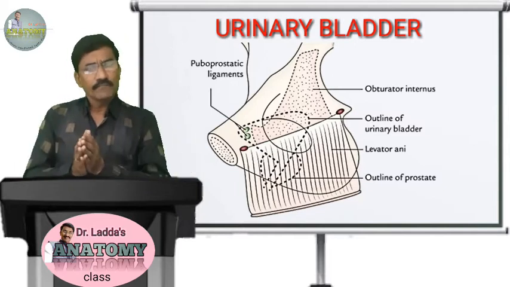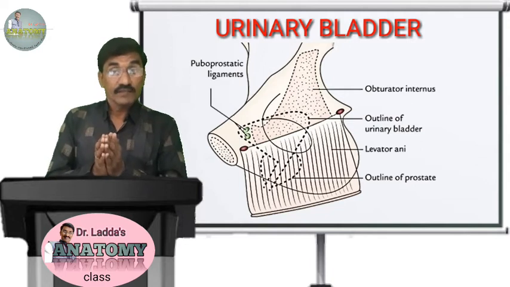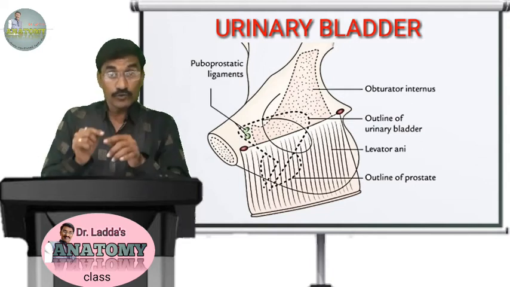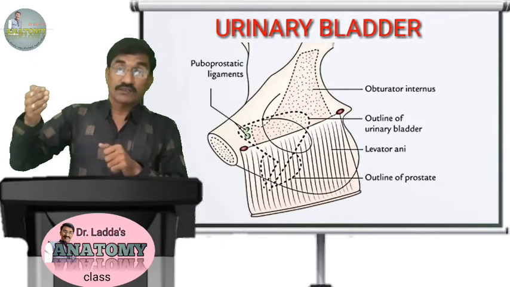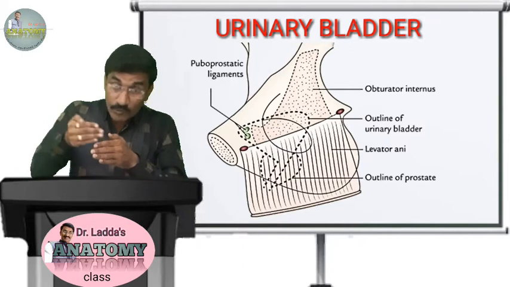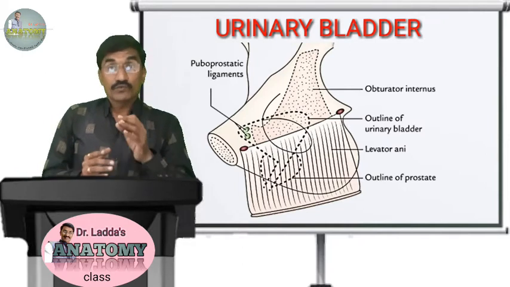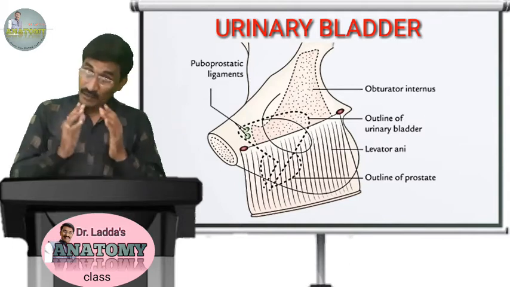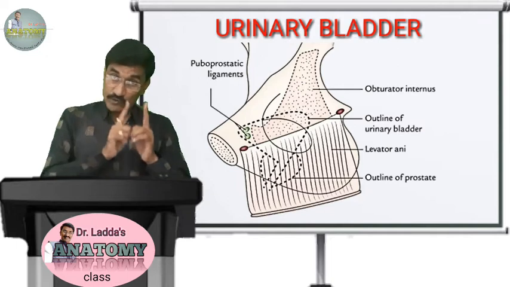Now in the male, we know there is one extra thing, and that is the prostatic gland. So the ligament which is taking origin from the pubic symphysis or pubic bone and going to the prostate, what could be the name of the ligament? Puboprostatic ligament. Yes. Now one is pubis, second is the pubovesical or puboprostatic ligament.